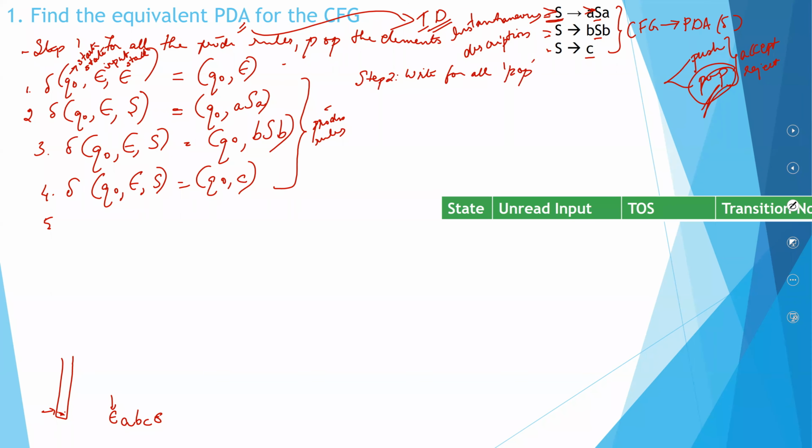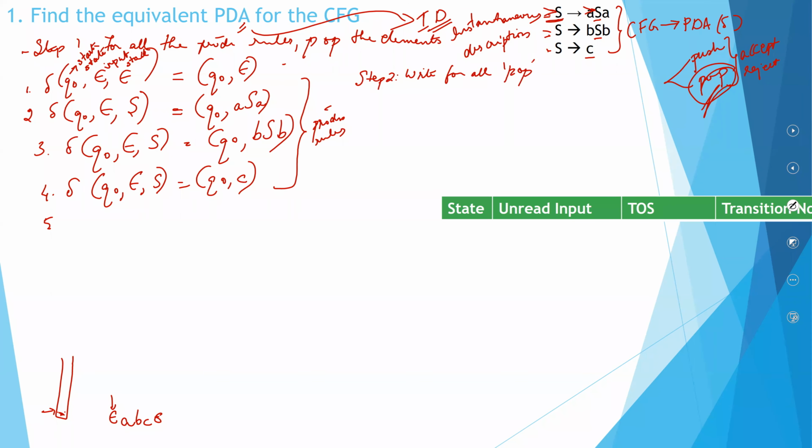Now, I am in my state Q0. And look here, the start symbol is S. The start symbol is S means you will by default be putting S into your stack. And then, of course, I've not read anything: A, B, B, C, B, B, A. The top of my stack is S by default. I'm still in my state number 1.